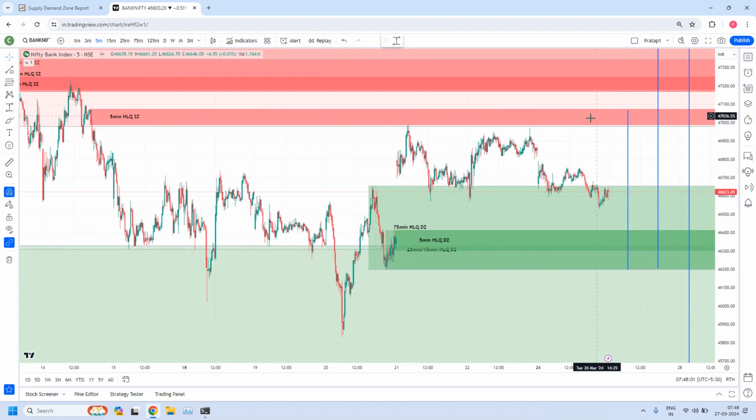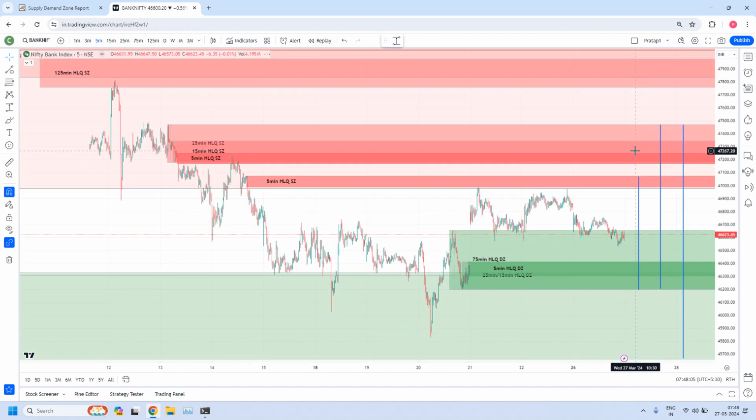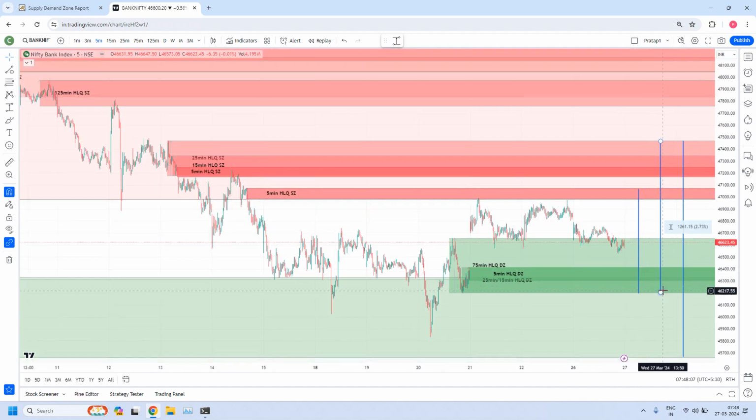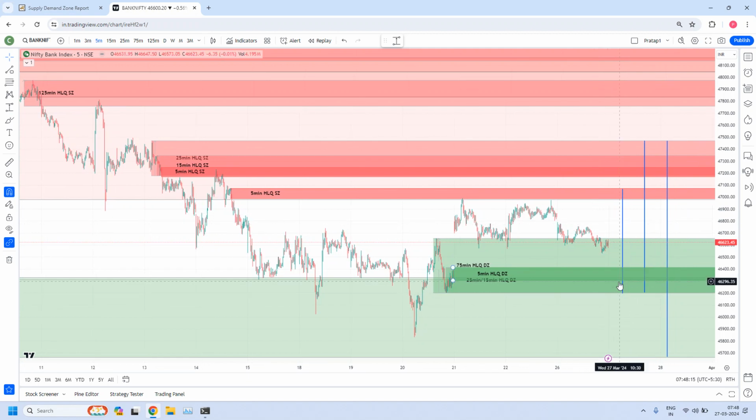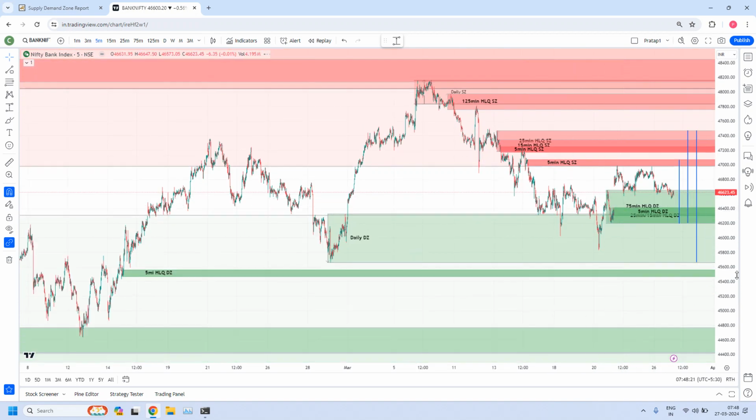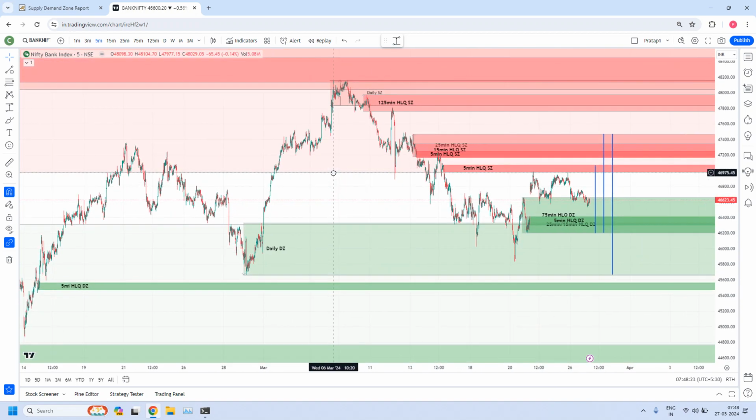Suppose this 5 minutes supply zone is violated, as I told you earlier, your range will change from this demand zone to this supply zone, the next high liquidity zone. Suppose this demand zone is violated, then the range will change from here to below. Sorry, not from here, from here.